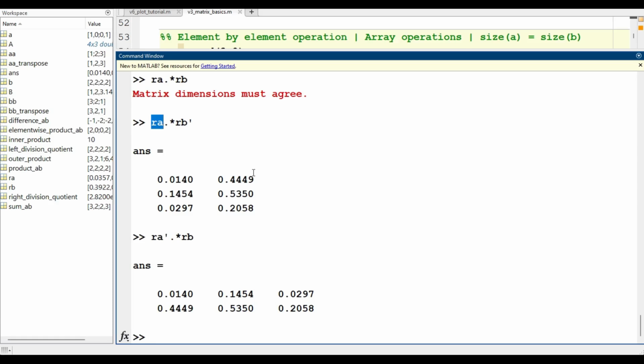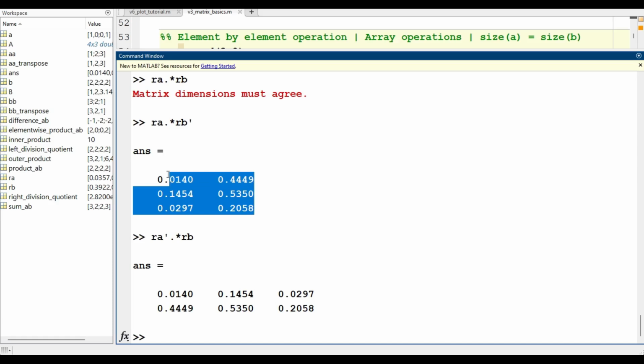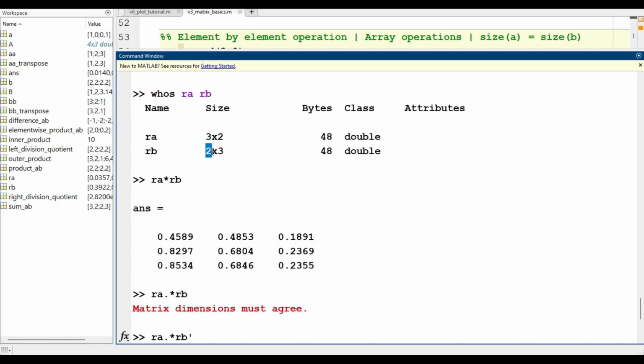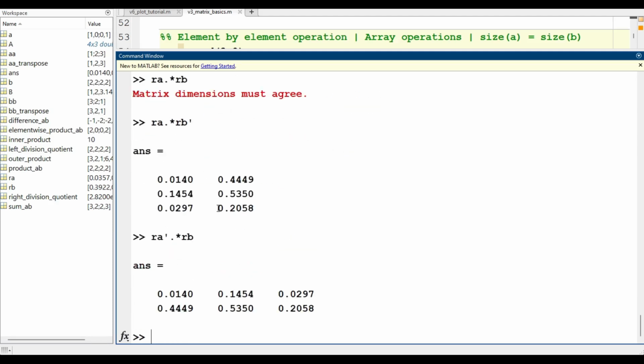And when we do the element wise multiplication, we get an output matrix of dimension 3 cross 2. But in the second case, the size of RB was 2 cross 3, and when we take the transpose of RA dash, we get a matrix of size 2 cross 3, and the element wise multiplication will give you this.